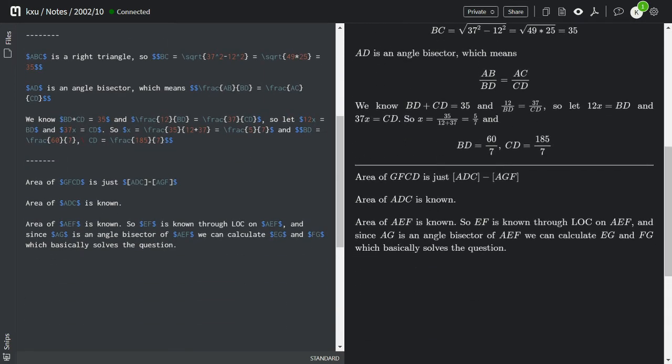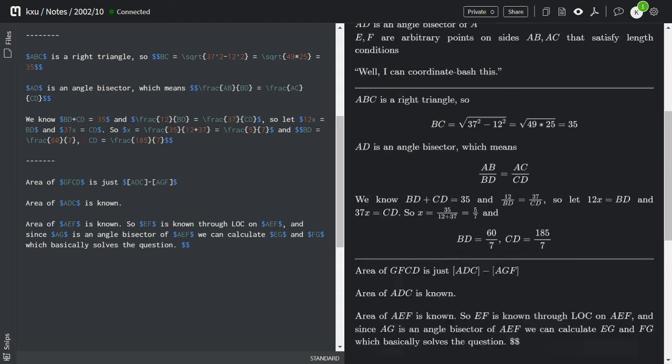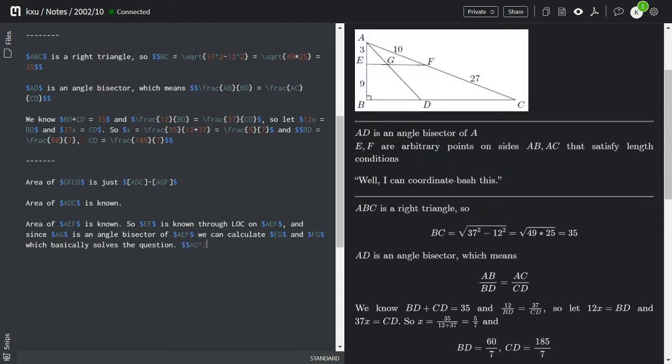The other formula that you should memorize for angle bisectors follows from Stewart's theorem. AG squared is equal to AE times AF minus EG times GF.